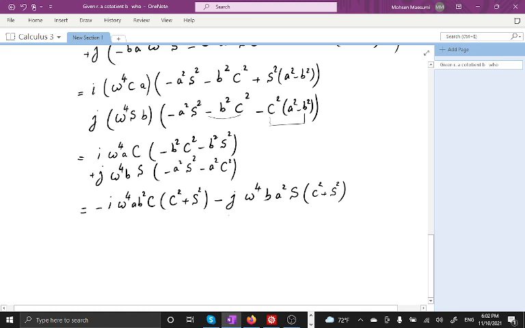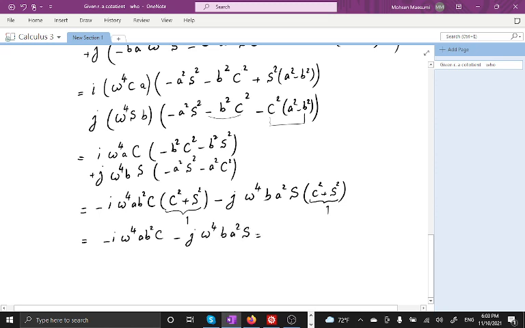Now what do we remember from trigonometry? Of course, cosine squared plus sine squared is 1. Cosine squared plus sine squared, that's 1. So this becomes minus I omega to the 4 a b squared c minus j omega to the 4 b a squared s.